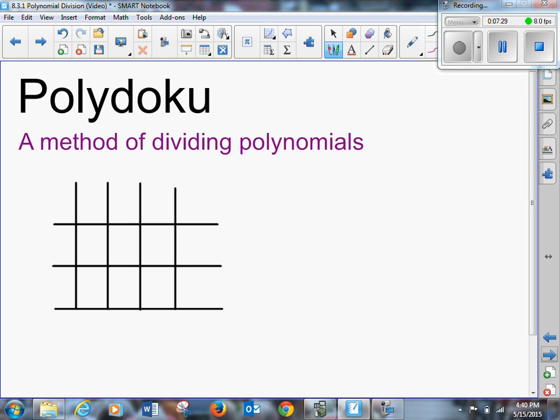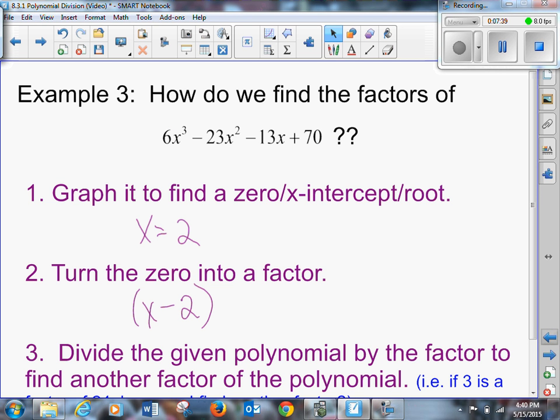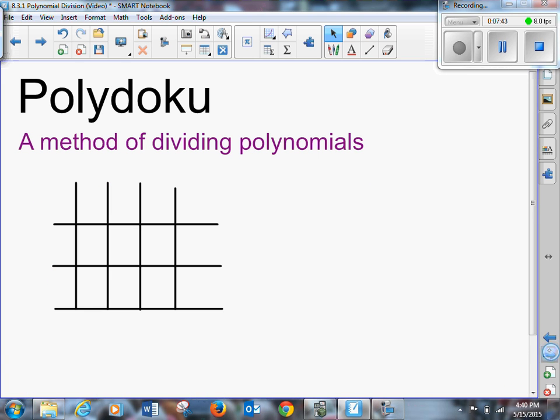All right, so from here, now that we have this drawn, now we need to label some things. We know that, again, going back to what our equation was, this was our 6x cubed minus 23x squared minus 13x plus 70. So we need to put that in our picture. And the way that we do that is that we line up, we put 6x cubed out here. Then we put our minus 23x squared.